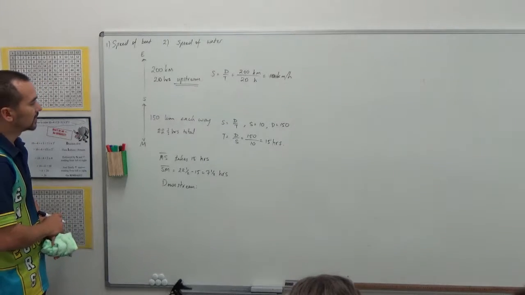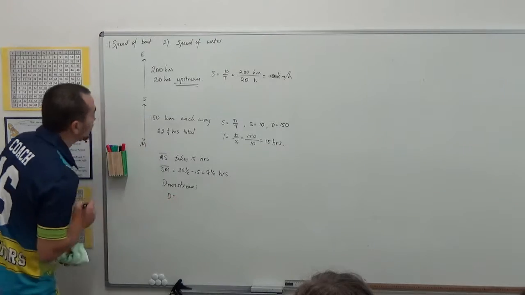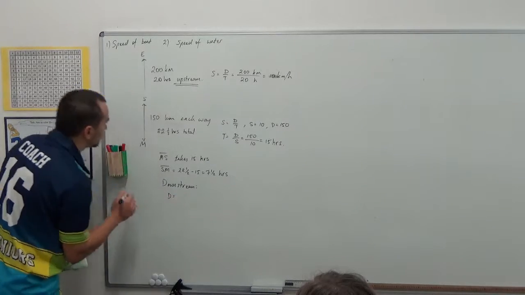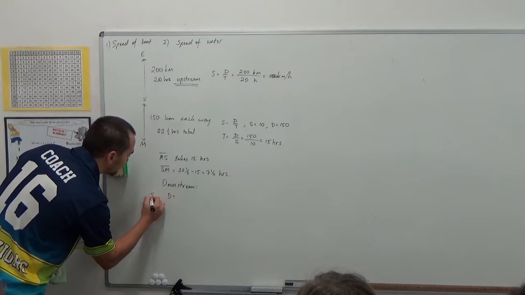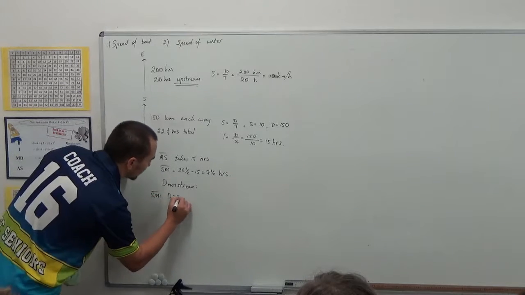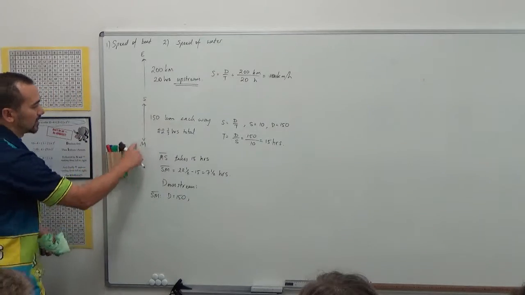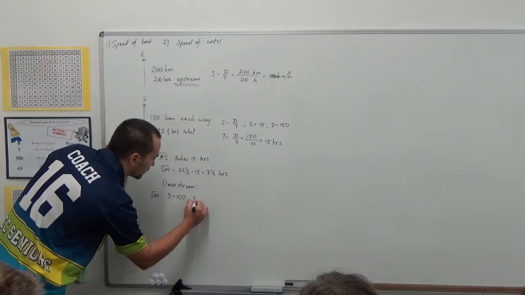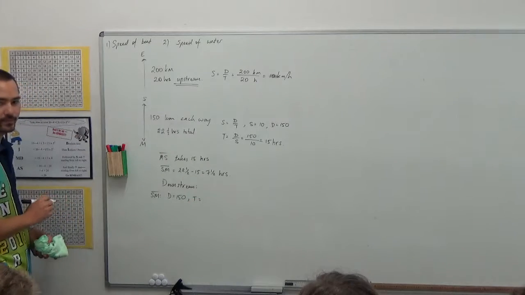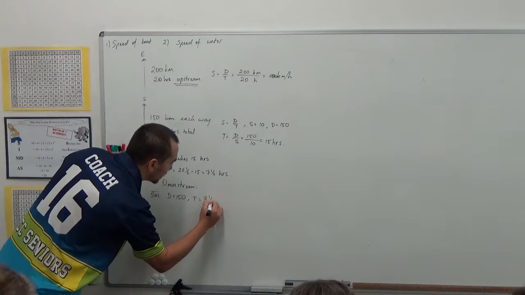All right. So downstream distance is 150. Let me write S to N. The distance is 150. Levi, what was the time that it took from S to N? 7.5 hours. We just worked that one out.